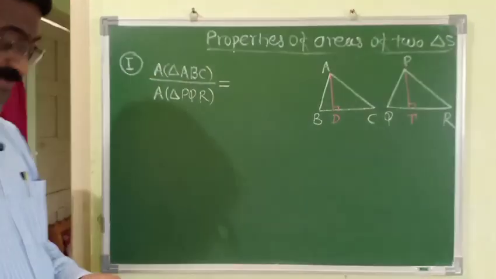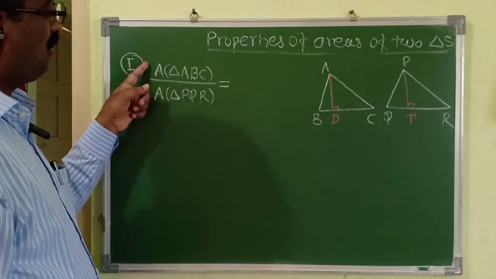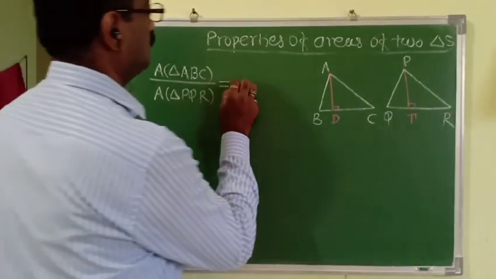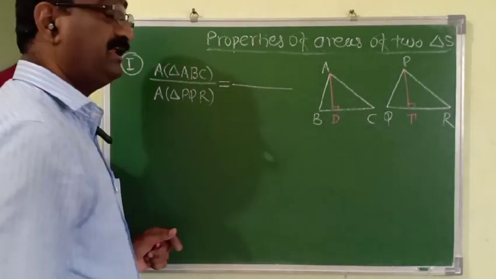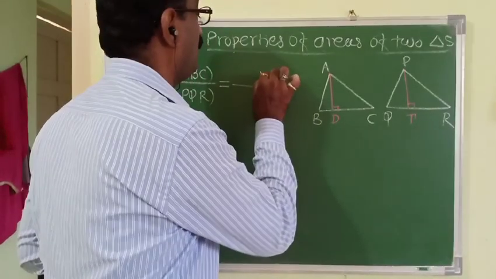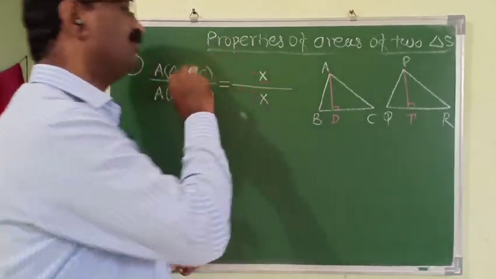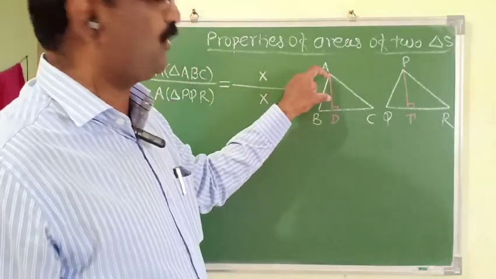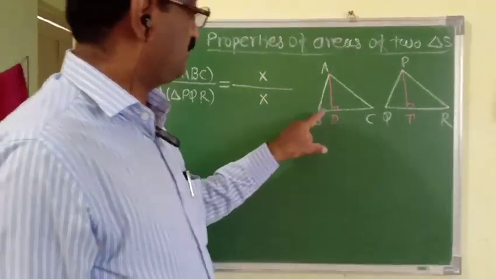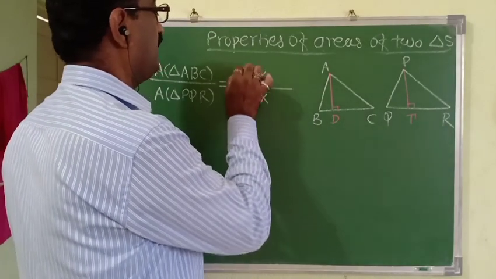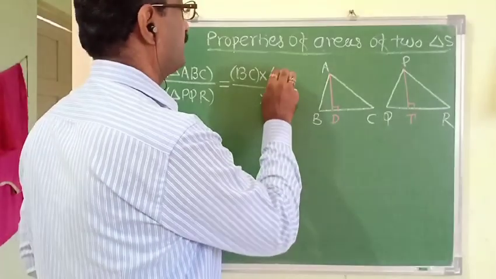So the property is the ratio of areas of two triangles is equal to the ratio of the product of their bases and corresponding heights. Base of triangle ABC is BC and corresponding height is AD.